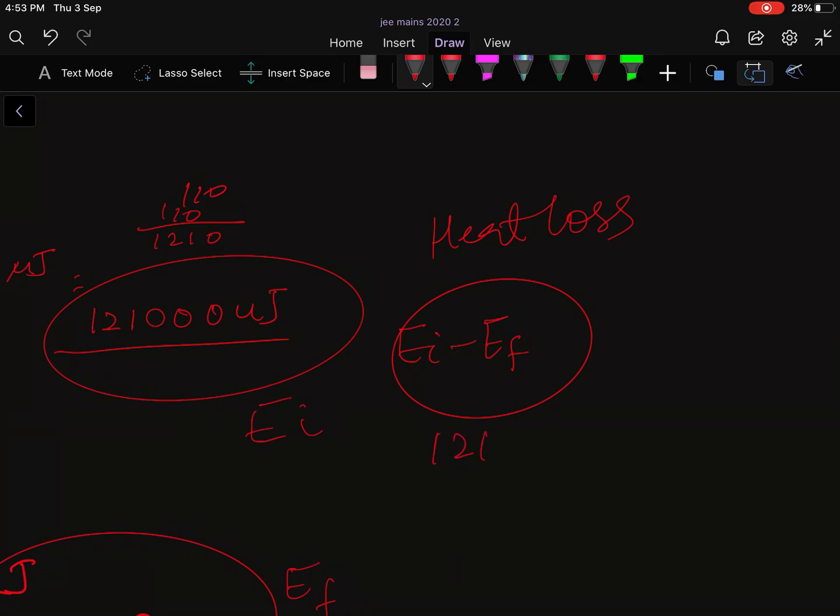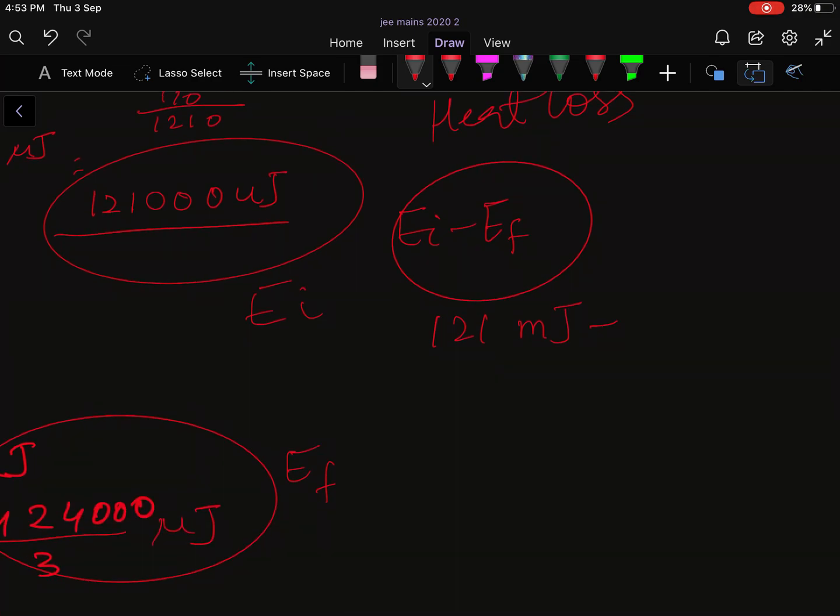So do it. 121000, now you can use millijoule instead of micro. So 121 minus 242 by 3 millijoule.